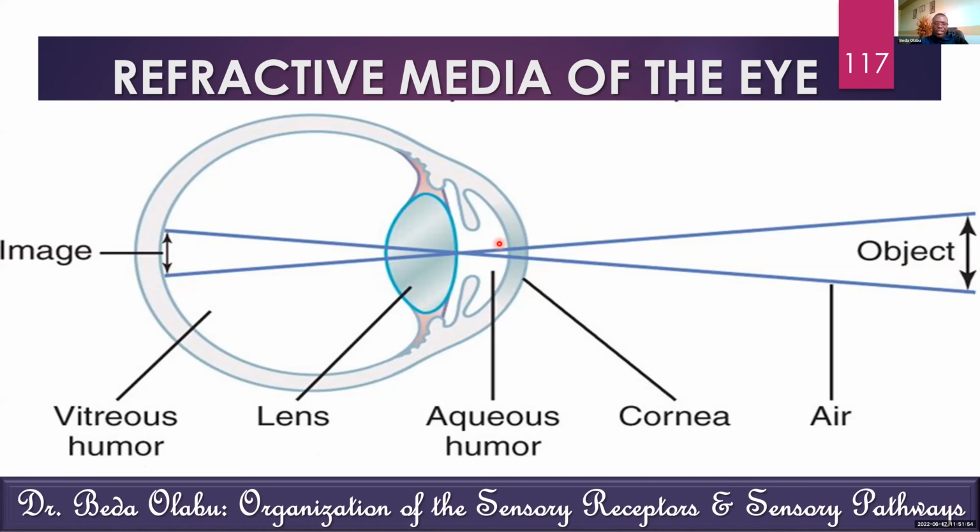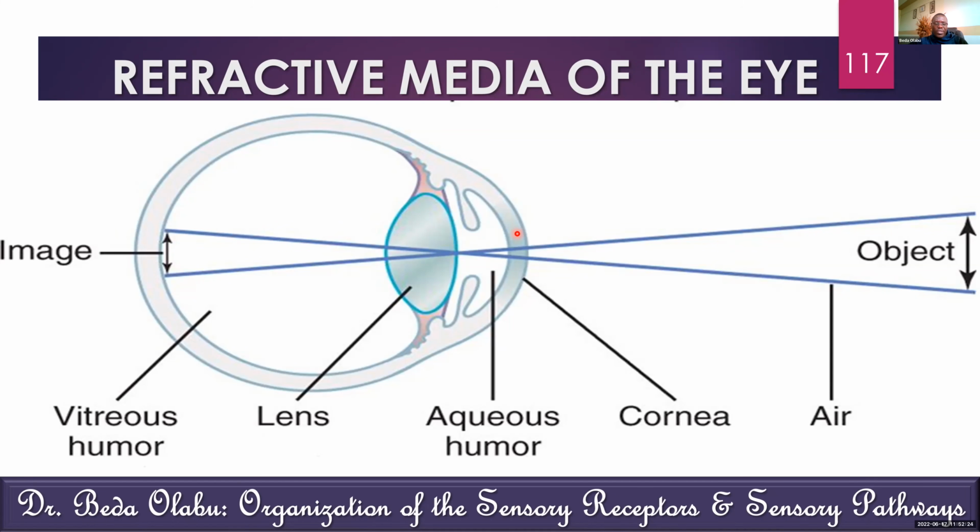After the cornea, aqueous humor. After aqueous humor, the lens, then vitreous humor. So that's the order of the structures that constitute the refractive media of the eye: cornea, aqueous humor, lens, and vitreous humor. Of those four, most of the refraction occurs at the cornea.